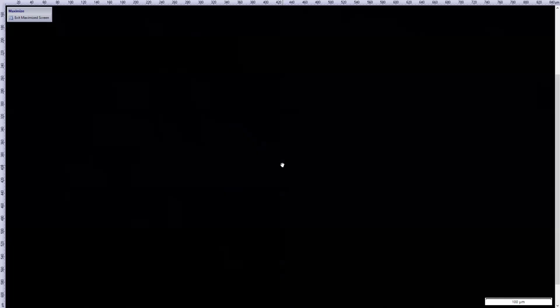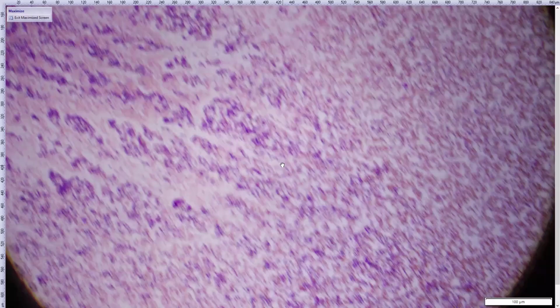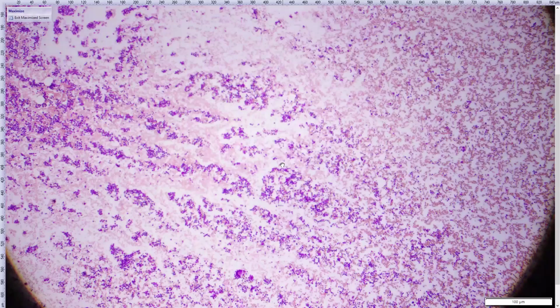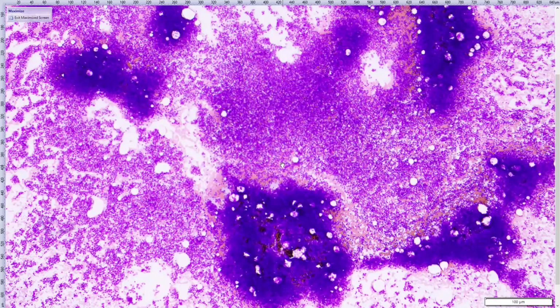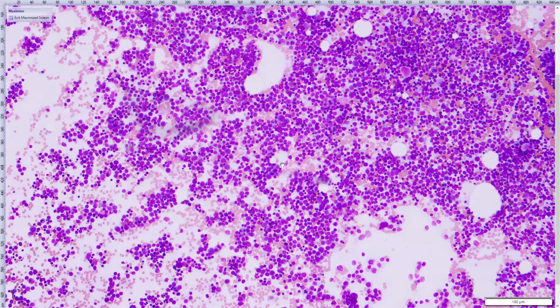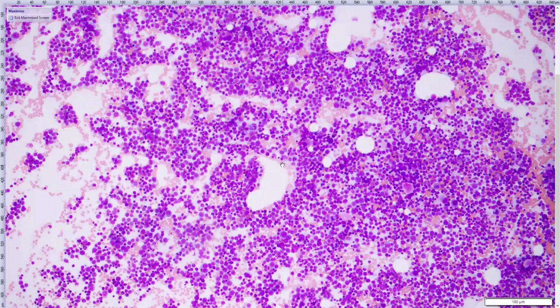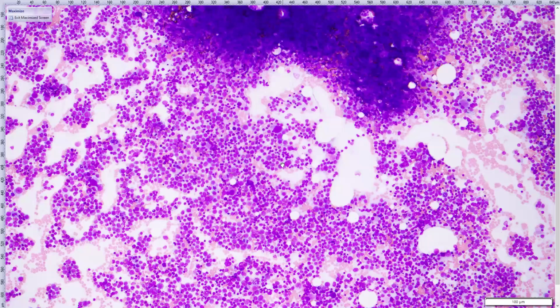Now let's have a look at the bone marrow aspirate smear. As you can see, it's very cellular and spiculated. Let's go high power here. This cell here is a megakaryocyte, however, it's monolobated.